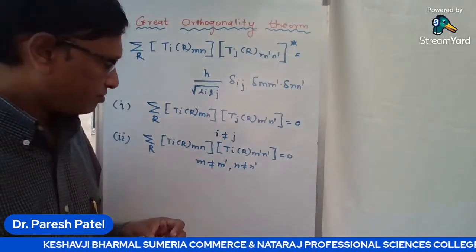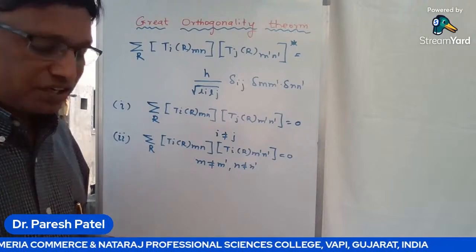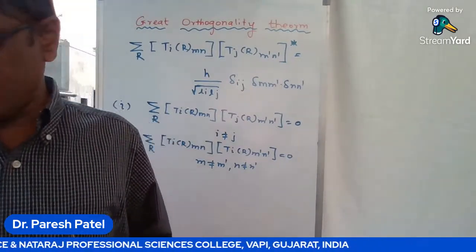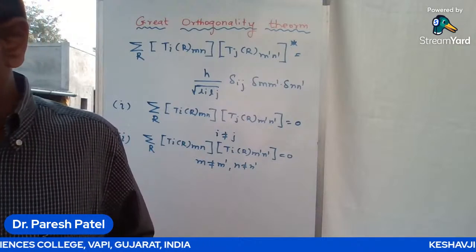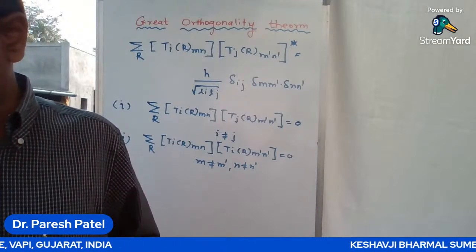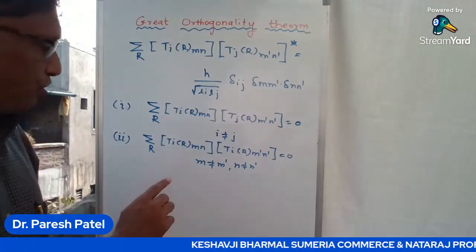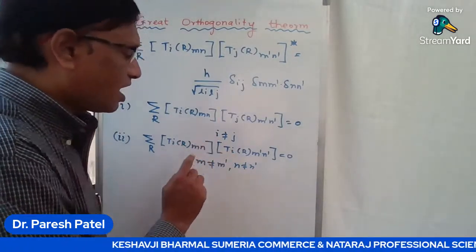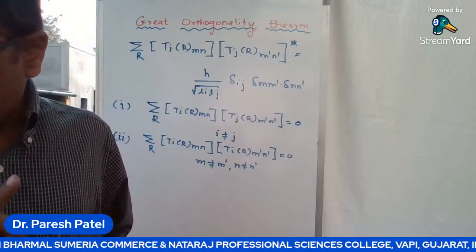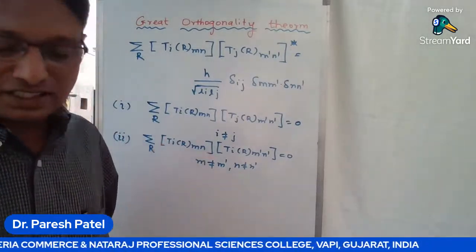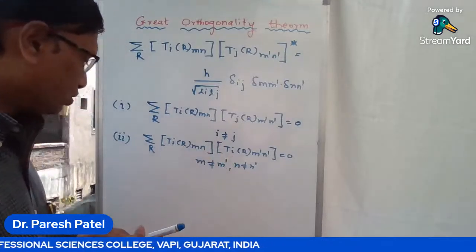It means both have the same irreducible representation but different elements of the corresponding matrices. So the elements of different sets of the matrices of the same irreducible representation are orthogonal to each other.